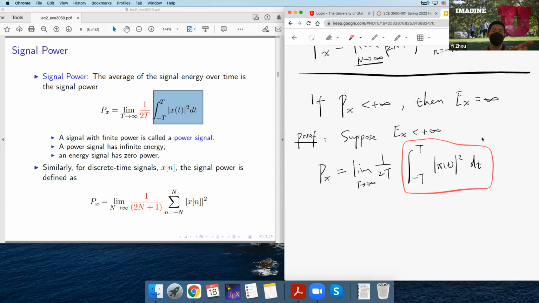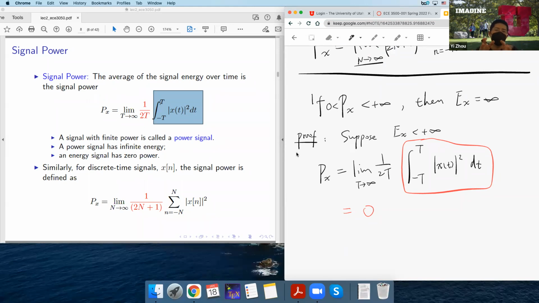So you have a finite divided by infinite. So that gives you 0, which contradicts with your assumption that this is a power signal. I should probably say that the power is strictly greater than 0. If the signal has a strictly positive finite power, then the energy must be infinite.